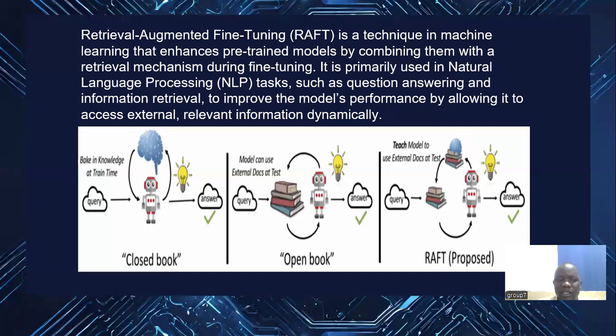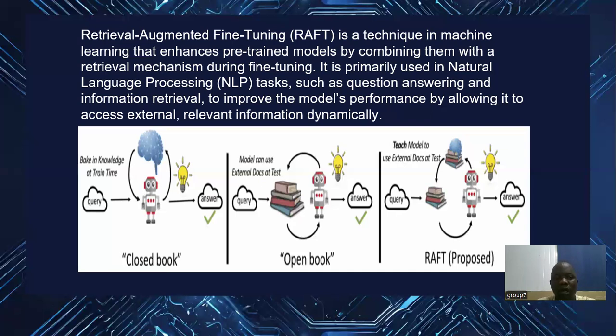So when it accesses those external documents at testing time, instead of relying solely on pre-trained knowledge, it retrieves relevant information from such external databases before answering any question asked.